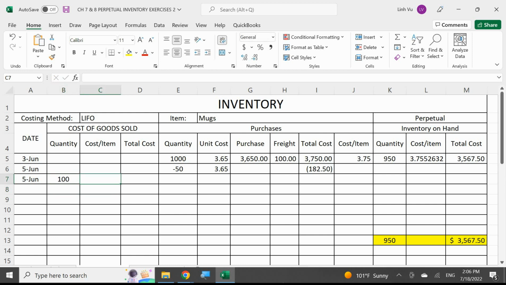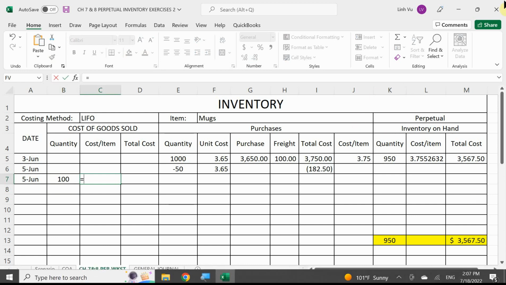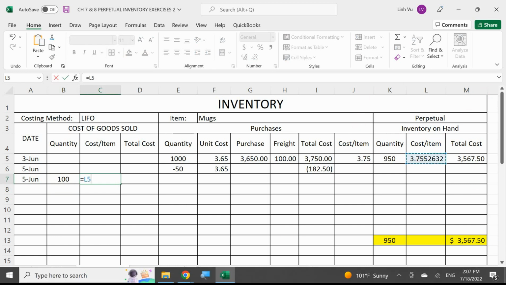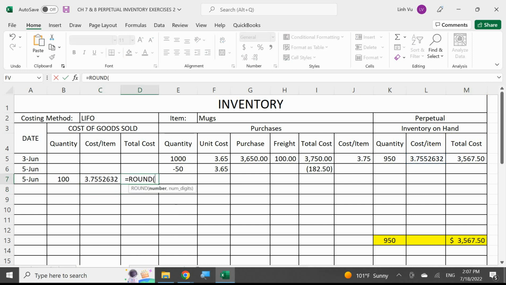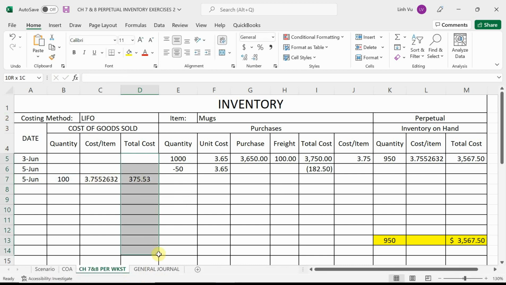I only have one batch of inventory. What's my current cost per item? 3.75526316. Good. How much did it cost me to sell 100 of these items? 375.53. Good.